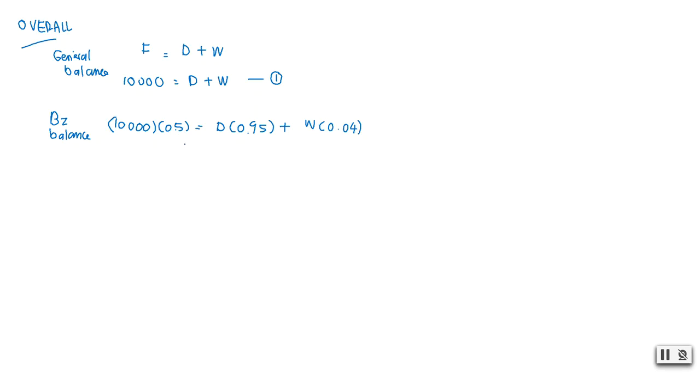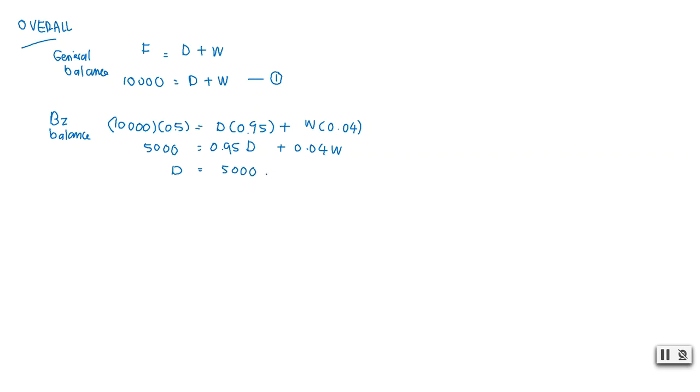After the calculation, this is 5,000 equals 0.95 D plus 0.04 W.